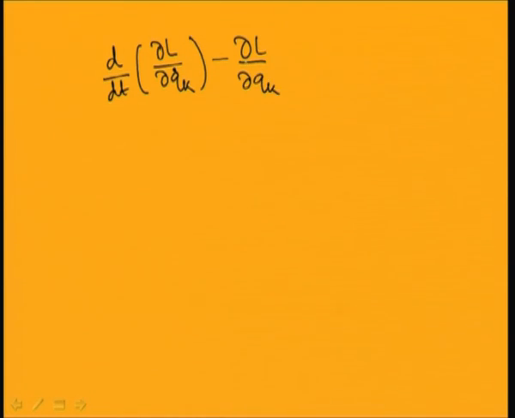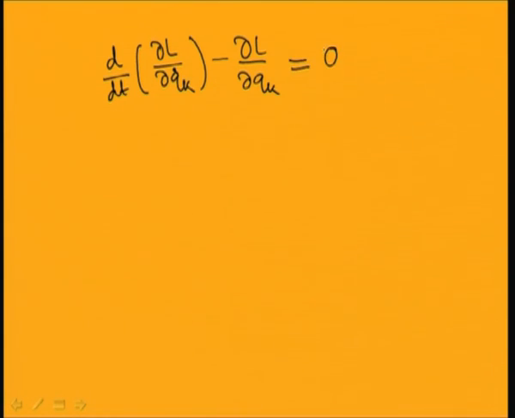Now, by using this Lagrange principle, I have to find d by dt of del L by del qk dot minus del L by del qk. So, there is no damping in this system, and there is no force also acting on this system. So, I can write this is equal to 0.